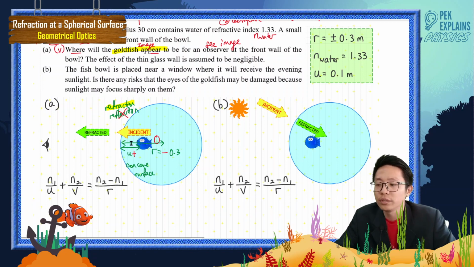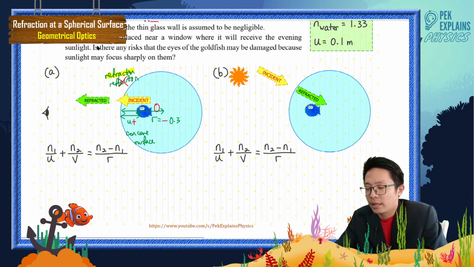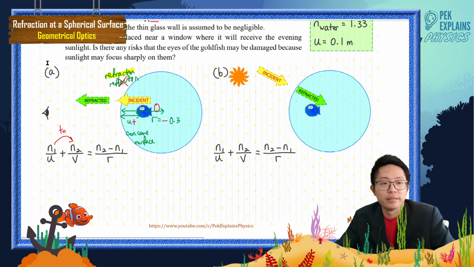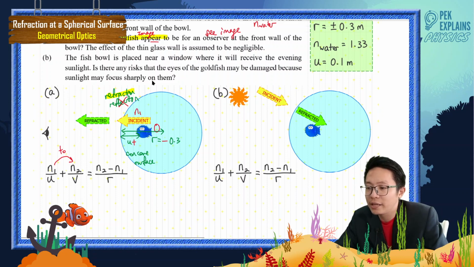Now, I want to know the refractive indices N1 and N2. Remember, what do N1 and N2 mean? N1 means the light comes from N1 and goes to N2. The light travels from N1 to N2. That means, where is my N1? N1 is at the incident ray.